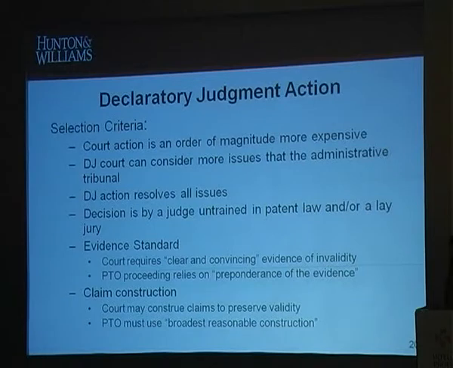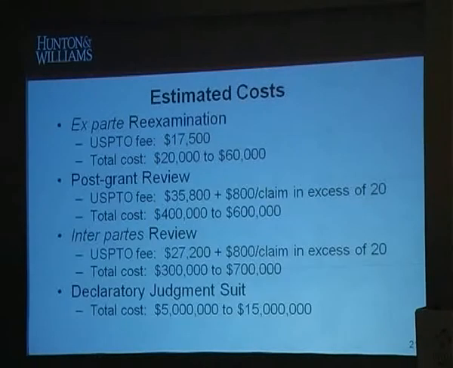Let me move on to the summaries that I have of comparison of the procedures. First of all, estimated costs are one of the comparisons, and these are the current costs. In 60 days, the Patent Office is reducing them 15 to 25% for the fees.